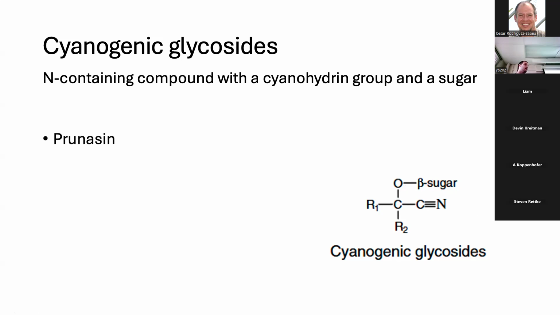And there are a couple of chemicals here, like prunasin, amygdalin, and linamarin, which are three very well-known cyanogenic glycosides. And that one's sambunigrin. Most of these are named after the plants that they were found in. Fun fact, prunasin is from Prunus, which are cherries and peaches, and more.